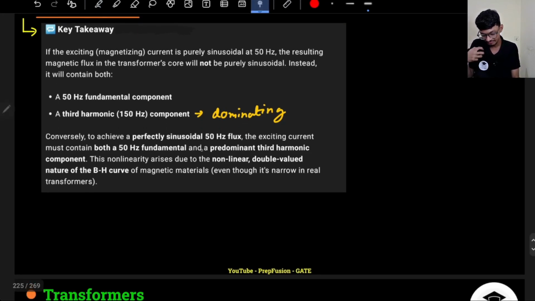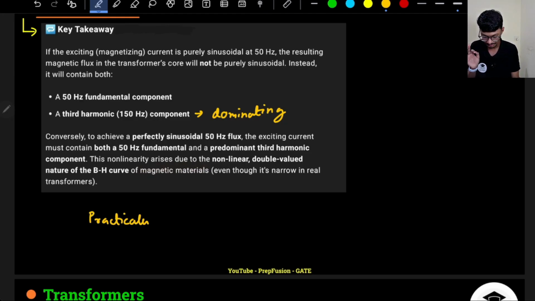Conversely, if in the transformer core I have a purely sinusoidal flux, then the exciting current or the magnetizing current will contain both the fundamental component and the third harmonic component. So in both cases there will be harmonics.